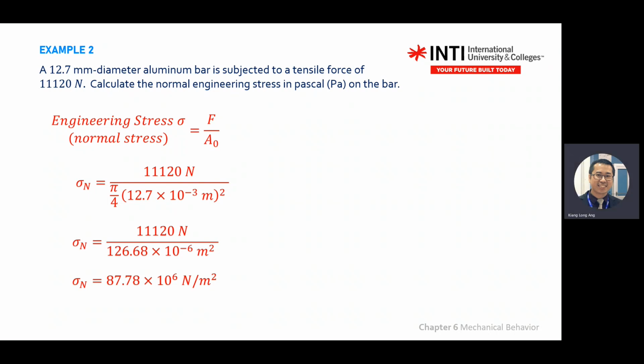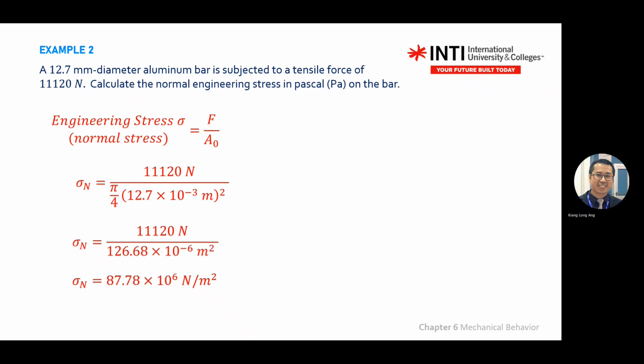What is the shape of the object? Is this rectangular or tube? You read the question carefully. What is meant by diameter? Diameter is a round shape.